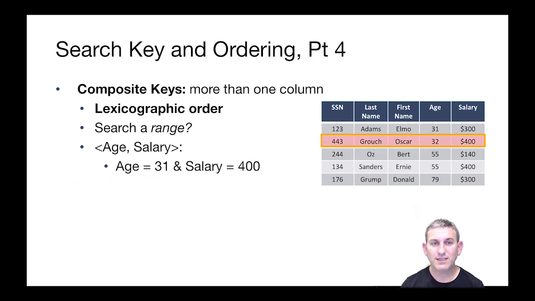So let's look at our first example. Age equals 31 and salary equals 400. If we do a greater than or equal to query here, we start with the lowest value that could possibly be in that greater than or equal to range, which in this case is age 32, salary 400, because after all, the next lower thing, 31, 300, isn't even greater than or equal to our query.